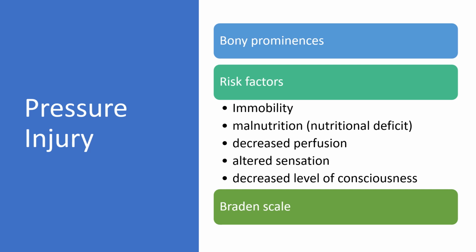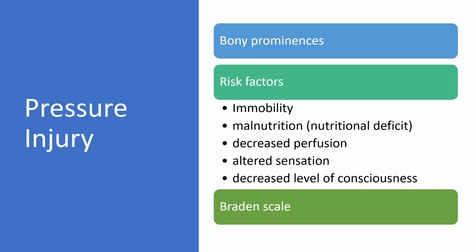The Braden scale is a risk assessment tool that is used to determine if there is potential for tissue injury damage. The Braden scale rates a client's risk for alteration in tissue, and it uses 6 categories: sensory perception, the amount of moisture, the activity of the client, the mobility of the client, nutrition status, and friction, as well as shear.